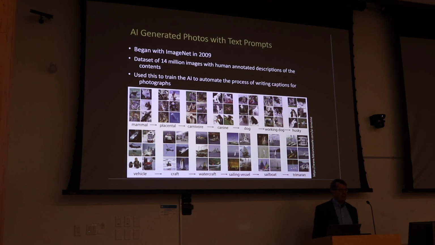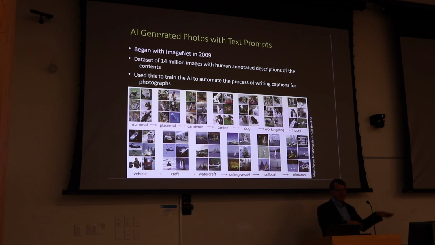Kind of began back in 2009 when they were teaching computers to recognize photographs. So they had this data set of 14 million images, all of them with human-encoded descriptions of the photos. And the idea was to let the computer generate captions for photos.